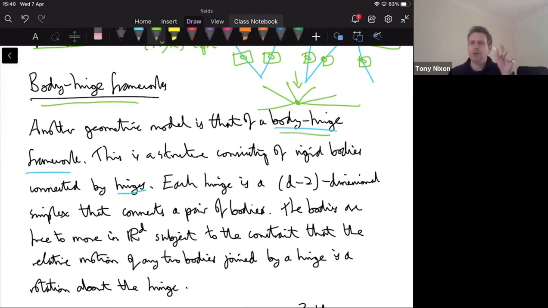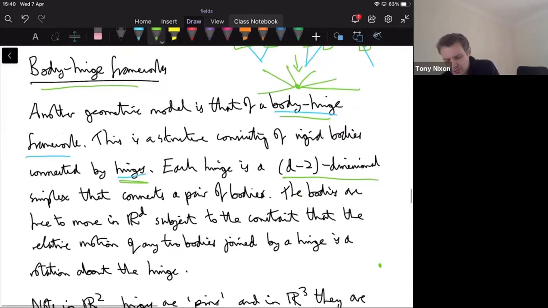But now instead of having bars, I'm just going to rule those out for simplicity. The way you restrict the motions of your bodies is by hinges. So you use hinges, which are (d-2)-dimensional simplices that connect a pair of bodies. So in the plane, it should just be a pin, and you'd have two rigid bodies that were forced to stay together but could still rotate about the pin.